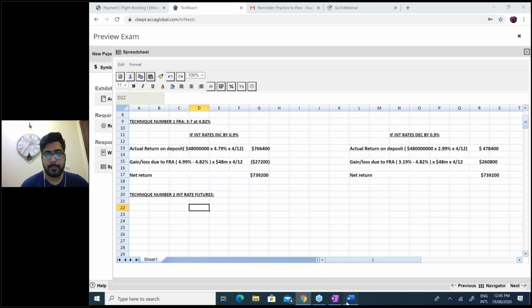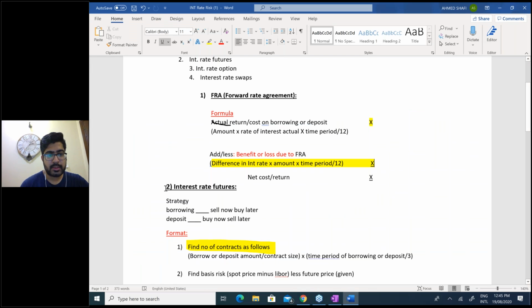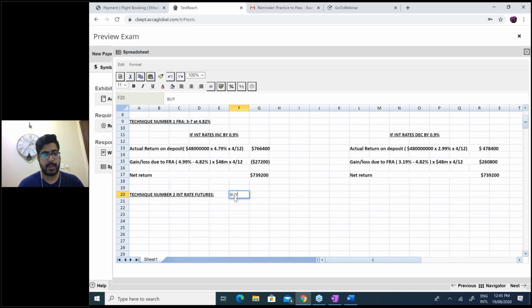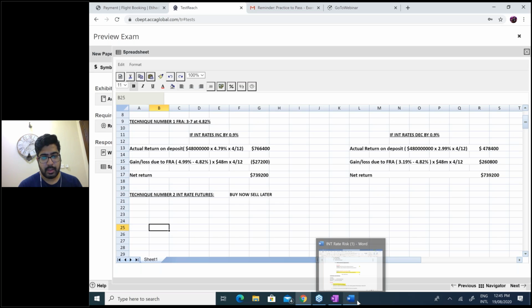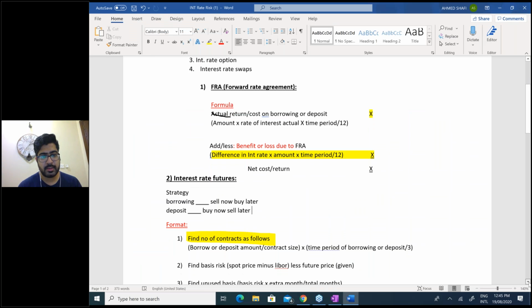As you all know, we discussed the format. The strategy in case of deposit is buy now, sell later. This is the strategy in deposits. Okay. Now in futures, we first need to make sure the format is there.